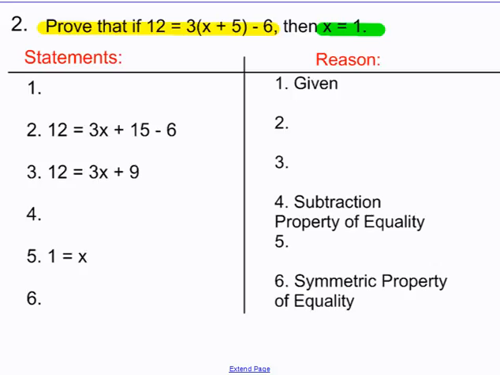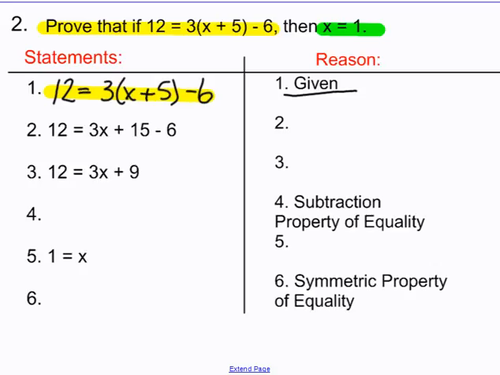Okay, so I know that I need to put the if statement right here. So I'm going to say if 12 equals 3 times the quantity of x plus 5 minus 6 goes in the proof in the given spot. You notice that they put given over here.